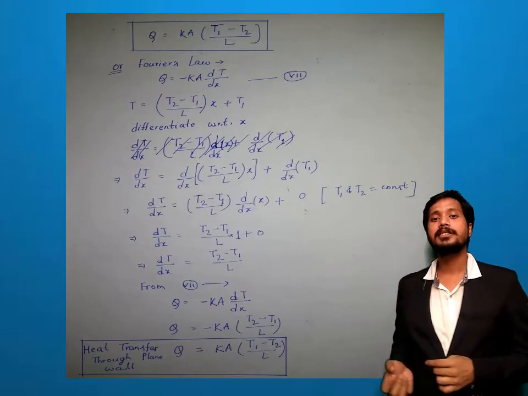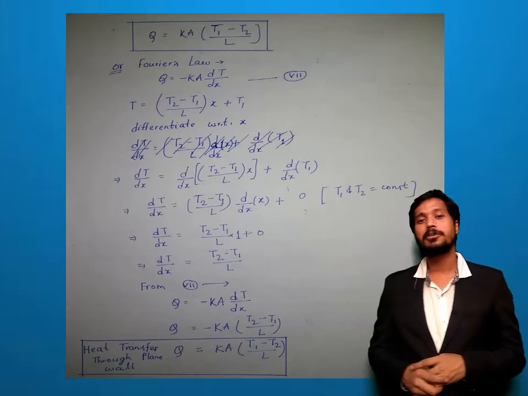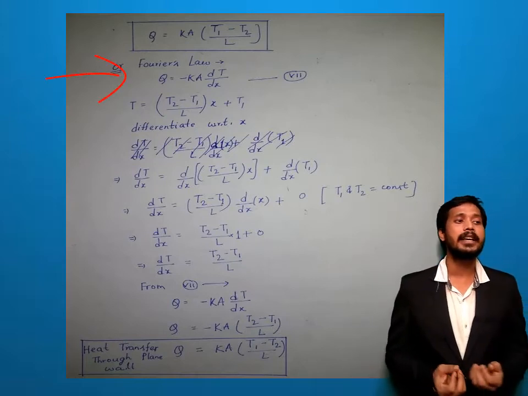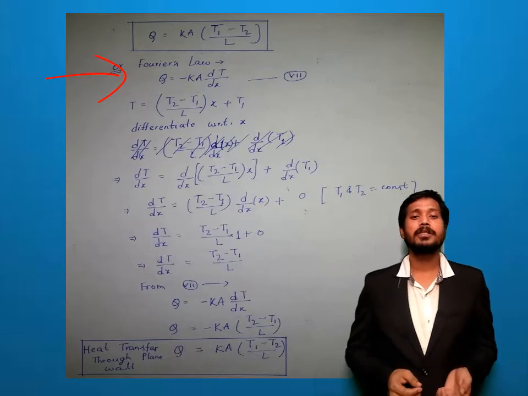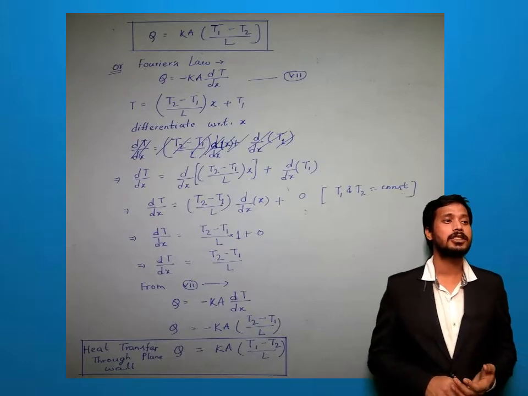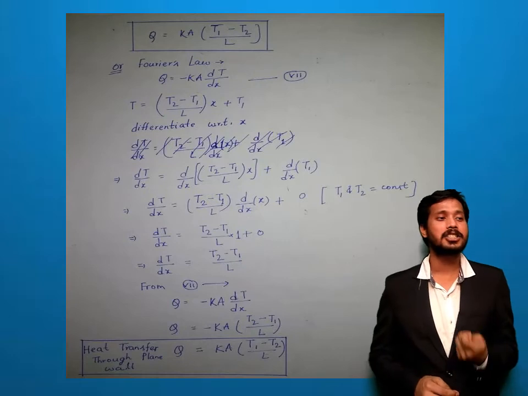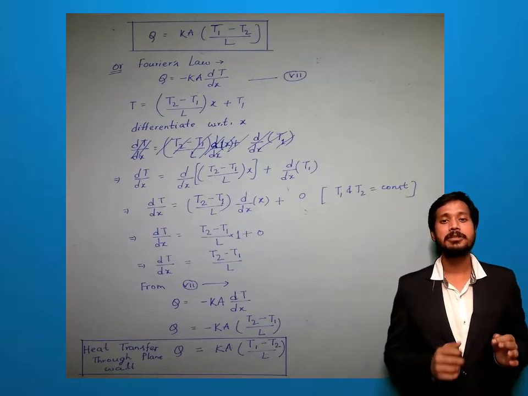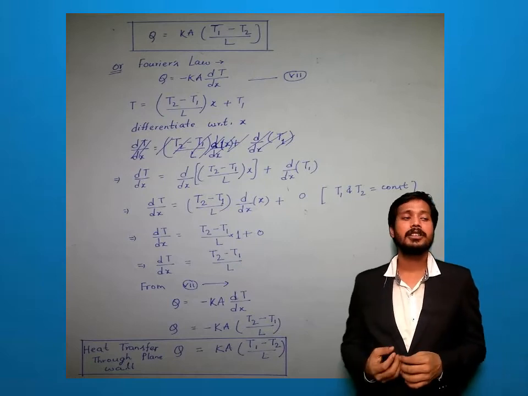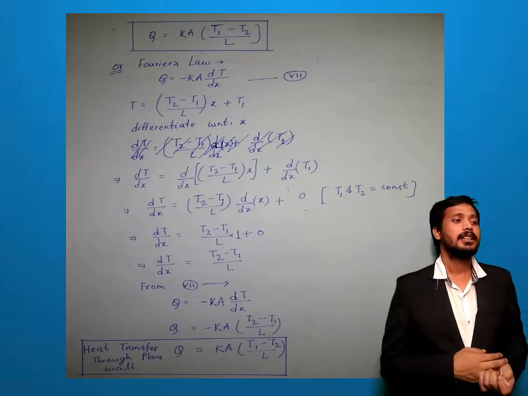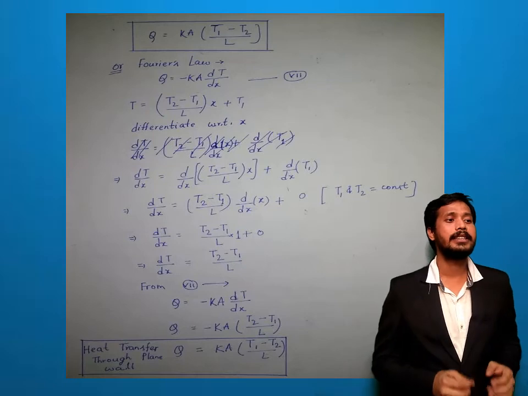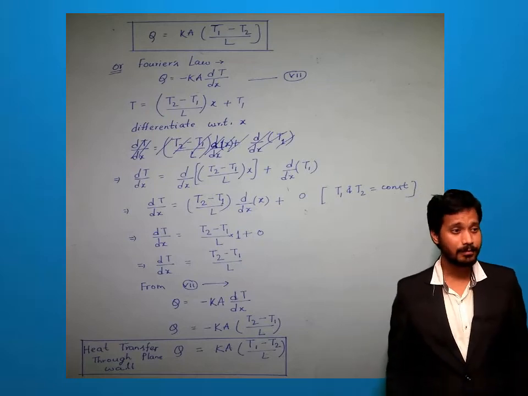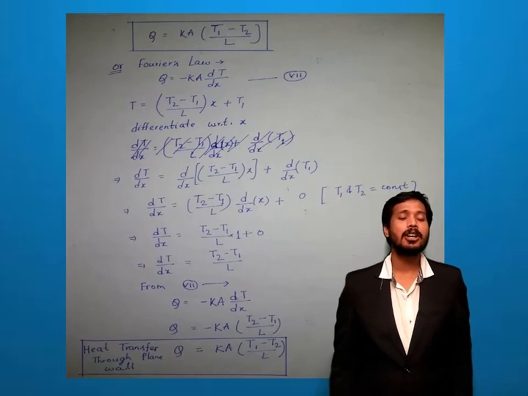Now in another way, we can find out the value of Q. By Fourier's law, Q equals minus kA dT/dx. Now we already know the temperature distribution equation, T equals (T2 minus T1) into x by L plus T1. If we differentiate with respect to x, in the left hand side we get dT/dx. In the right hand side we write d/dx of (T2 minus T1) by L into x plus d/dx of T1.